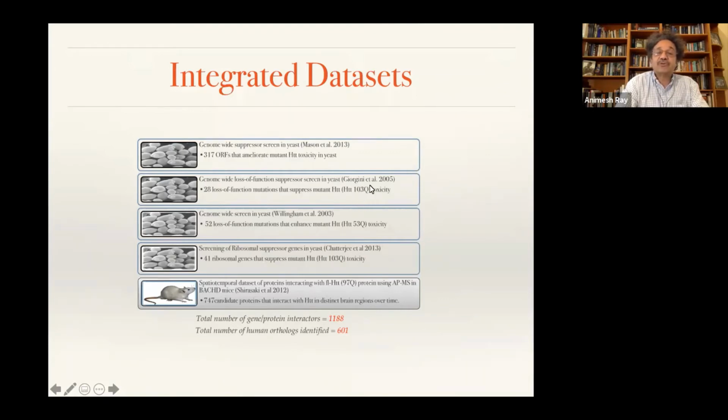This used 103 polyglutamine repeat. This used 53 polyglutamine repeat. So this is milder in yeast. So they got additional 52, which are different from these 317, by the way, or these 28.